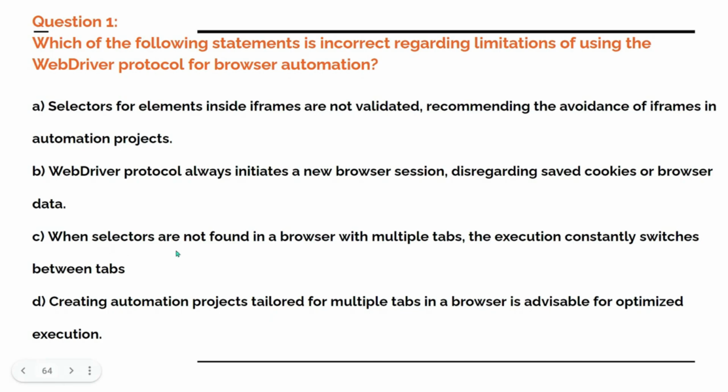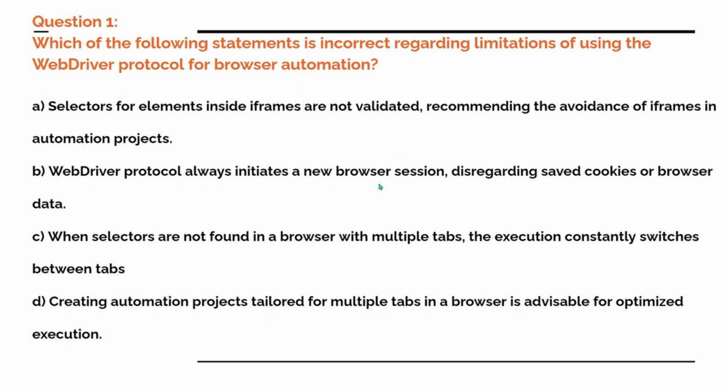Option C, when selectors are not found in a browser with multiple tabs, the execution constantly switches between tabs. Is it right or wrong? Option D, creating automation projects tailored for multiple tabs in a browser is advisable for optimized execution. Do you advise multiple tabs when you want to go for a WebDriver browser automation?